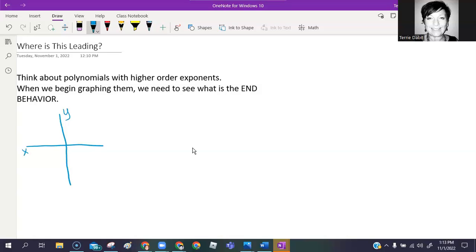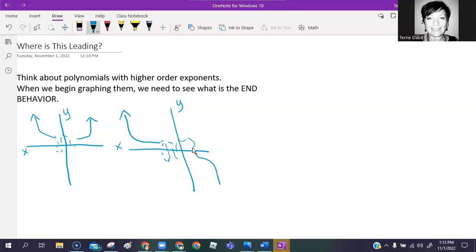You could have that the left side is going up. You know, we don't know what's going on in here, but the right side is also going up. Another version you could have is the left side might be going up, and then a lot of things could be happening in here, but the right side is going down.